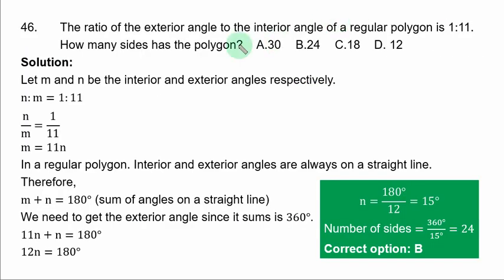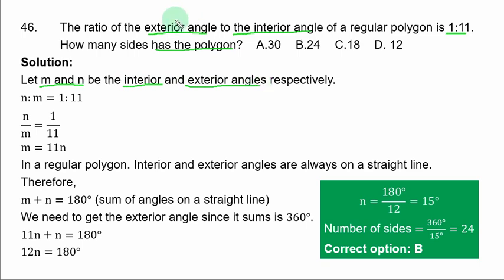Question 46. The ratio of the exterior angle to the interior angle of a regular polygon is 1:11. How many sides has the polygon? Solution: let M and N be the interior and exterior angles respectively.